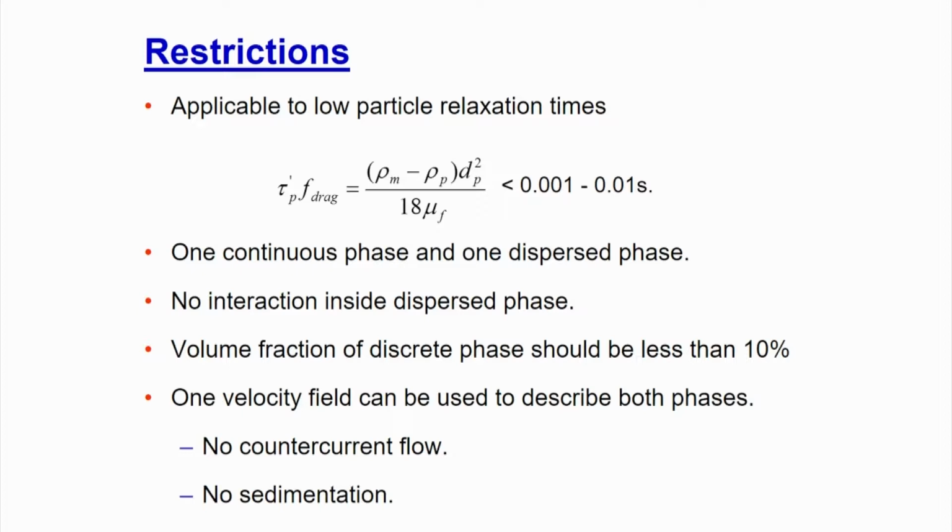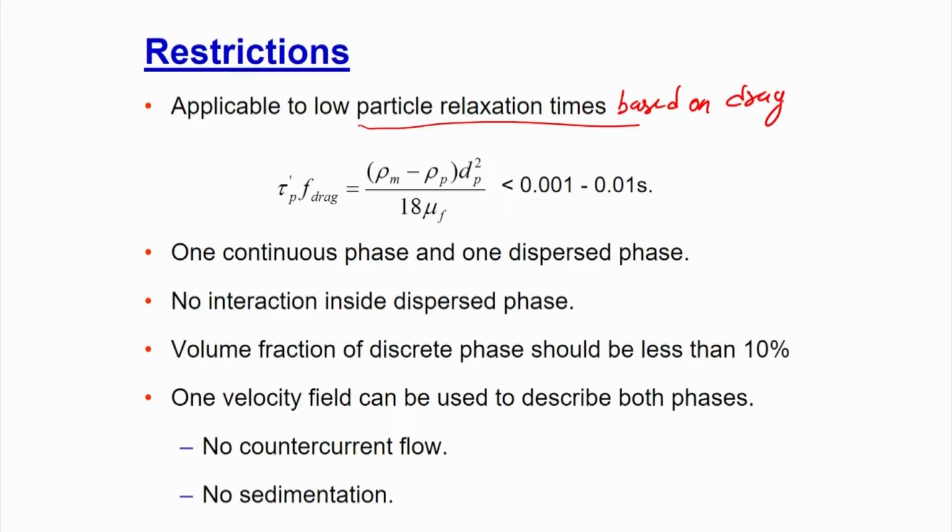The major restrictions for this model, and these are not the only ones, are a few which are very critical, and one needs to be careful before using this kind of approach. First, the restriction is the particle relaxation time. I will say particle relaxation time based on drag, so that there is no confusion with the initial particle relaxation time or response time the way we defined it.